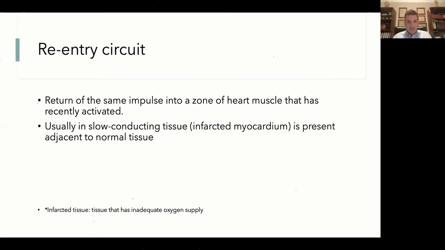So let's take, for example, that there is tissue here, and this part in the middle here is infarcted. As the impulse travels and descends, it will go faster via the normal tissue and much more slowly in the ischemic part. So that means that after it's finished on the parts that are healthy, then it will arrive to the remaining parts from the ischemic part of the myocardium.